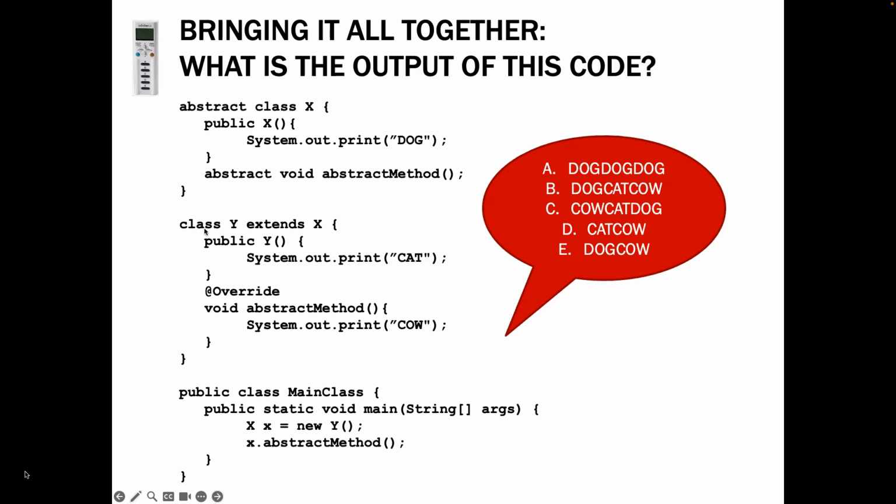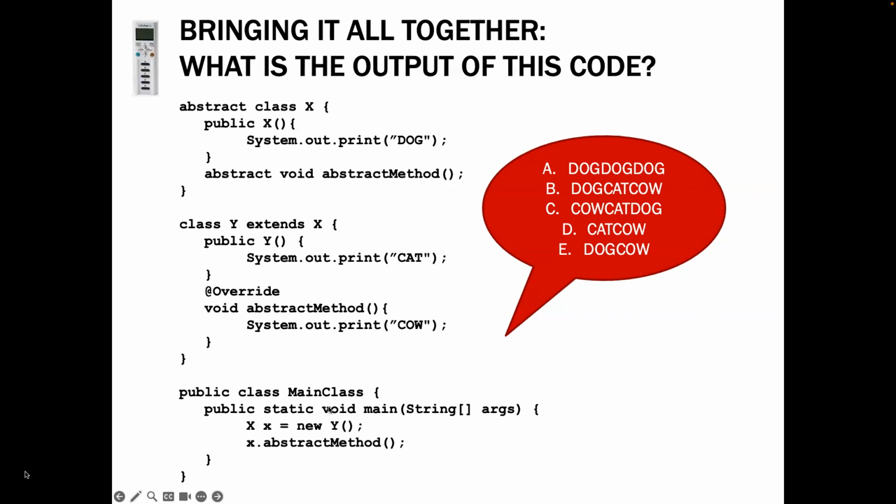Then we have class Y extends X. It also has a no-arg constructor that prints cat. And it fulfills the promise that X made, so that's good. And when you call that abstract method, it's going to print cow.